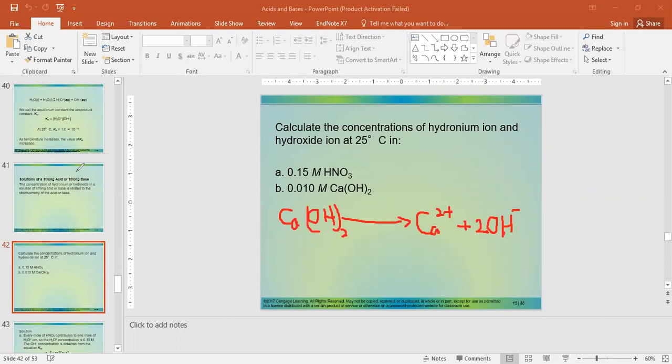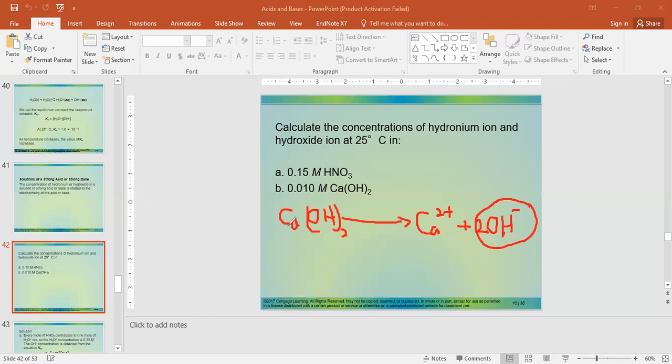That equation is balanced, isn't it? Yes. And I said we are only interested in the hydronium ions and the hydroxyl ion. And you can see the hydroxyl ion here is given. So 1 mole of the calcium hydroxide is going to give us 2 moles of the hydroxyl ions, isn't it?